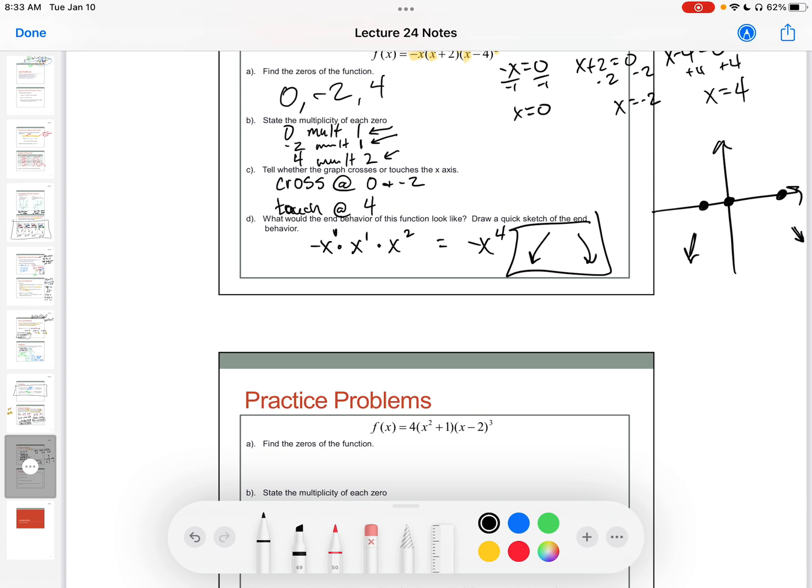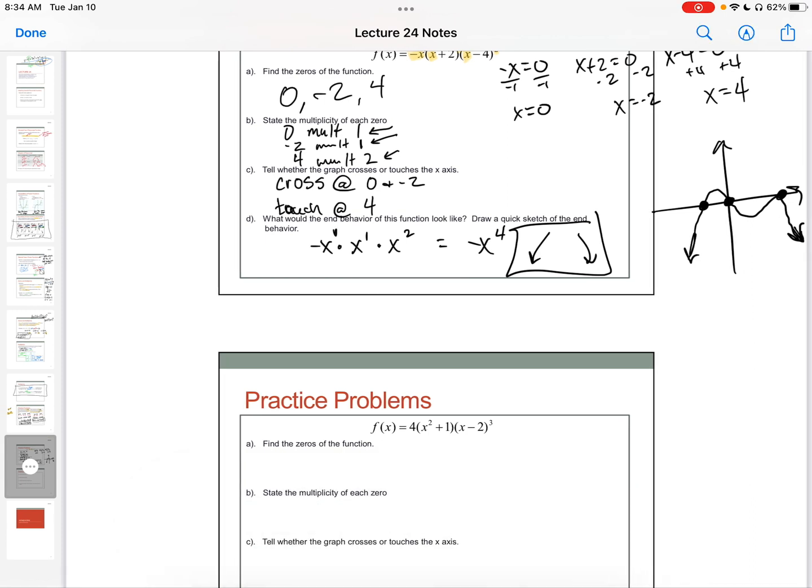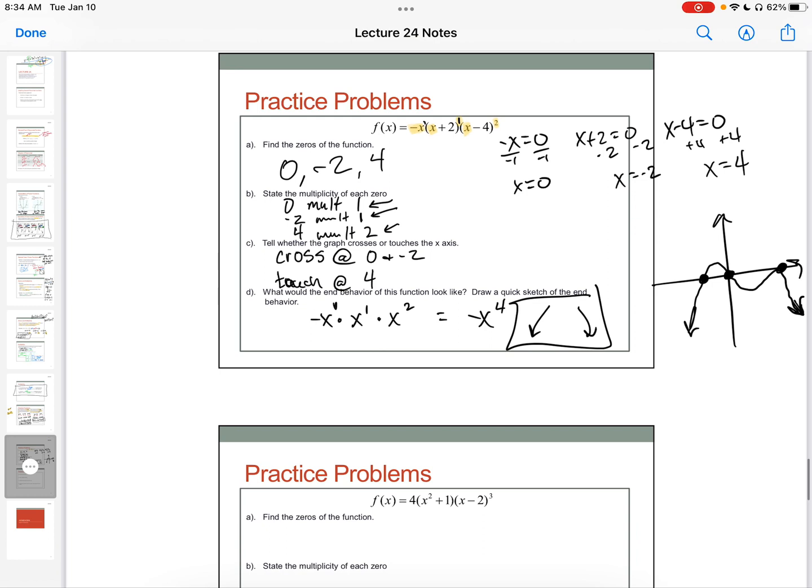So I'm going to come up, and I know that at 0 it crosses, at negative 2 it crosses, and then it touches at 4. So that's a basic shape of what this function is going to look like.